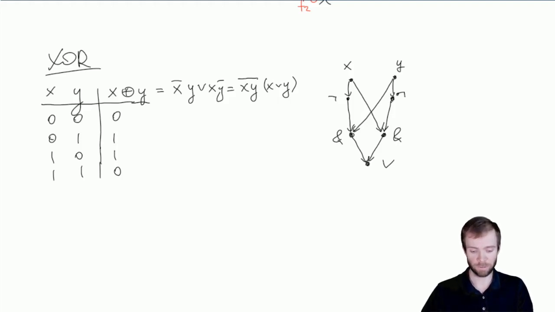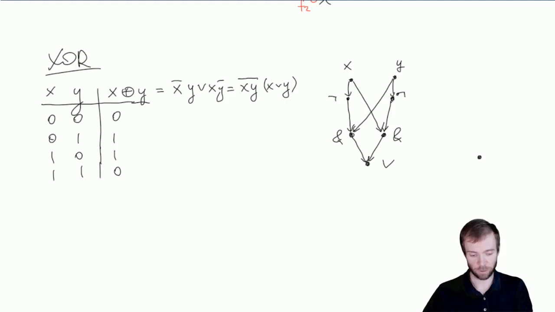So we can see that this formula works because for our function to be equal to 1, we should have at least one of the two variables equal to 1. On the other hand, we have to have not both of the variables equal to 1. And we see that if we compute a circuit using this formula, we get a slightly different circuit. So let's see what this circuit would look like.